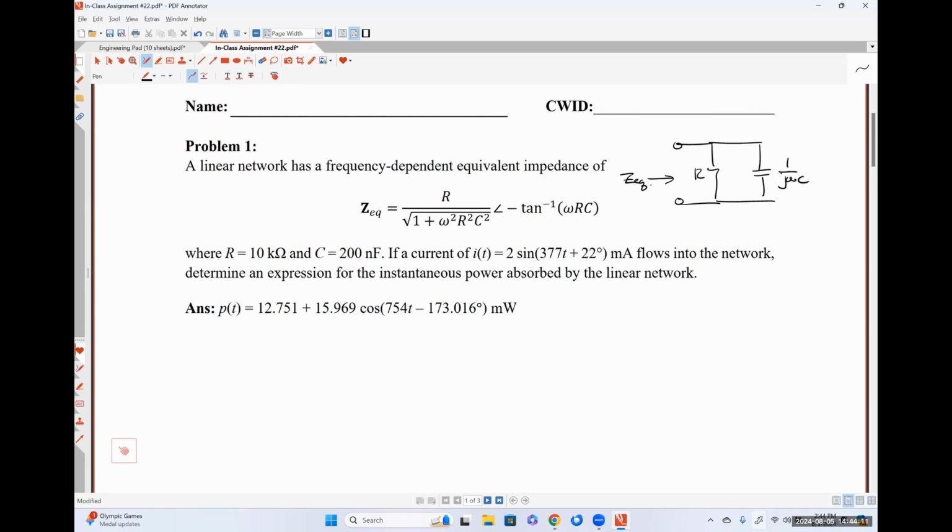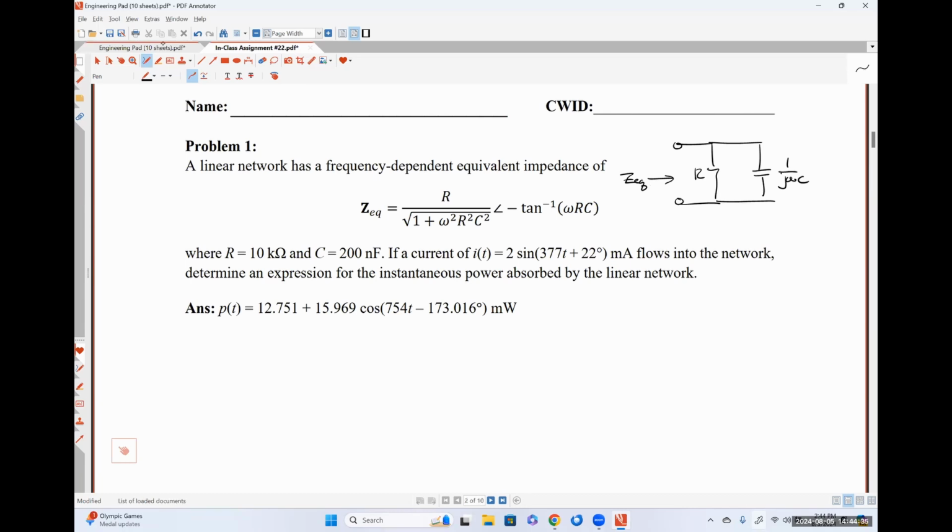The second one under the capacitor that we wrote down? I disagree. The reason why I disagree is because our network doesn't contain just a capacitor. It contains a resistance and a capacitance.